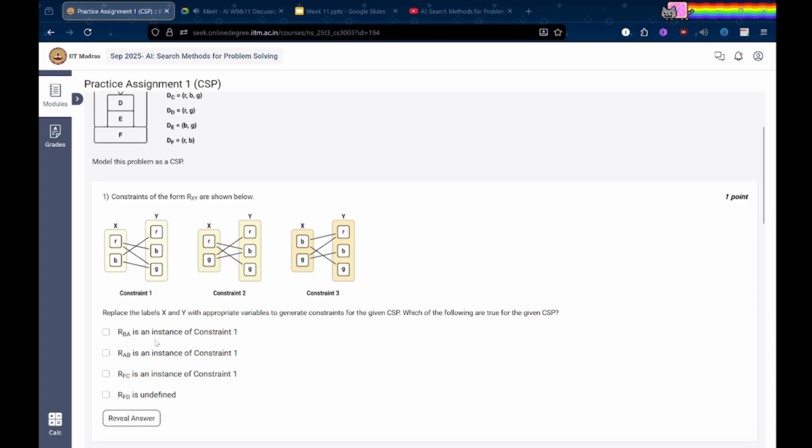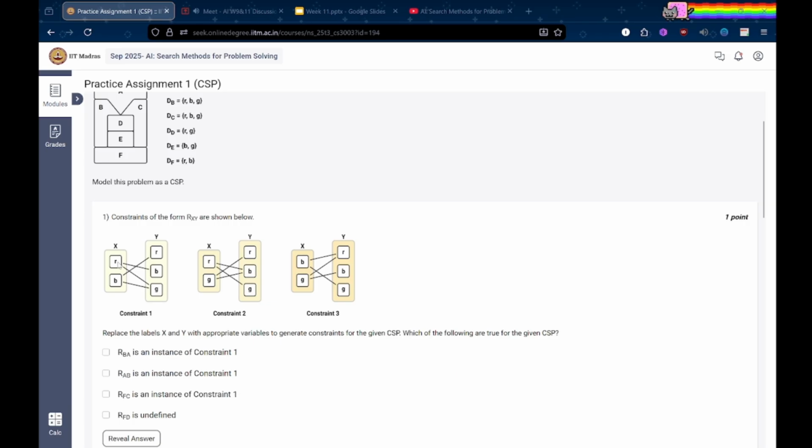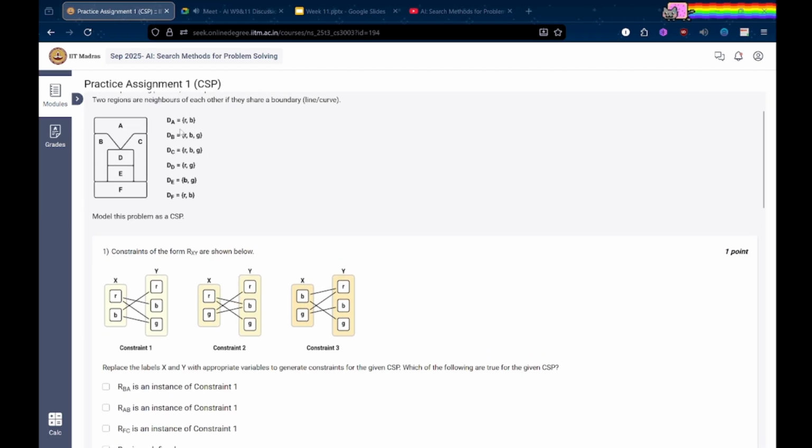So RBA is an instance of constraint 1, RAB is an instance of constraint 1. Okay. So constraint 1 basically says that if there's an R, the next one can be either blue or green. But if the first one is blue, then the next one can either be red or green. It just again means that x and y should not share the same colors. And I think we know which variable has the domain RB.